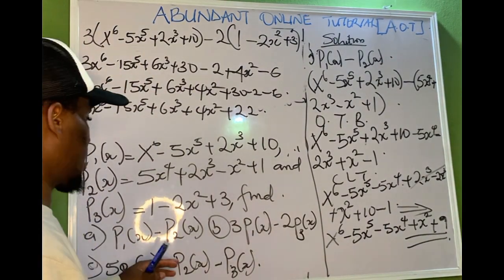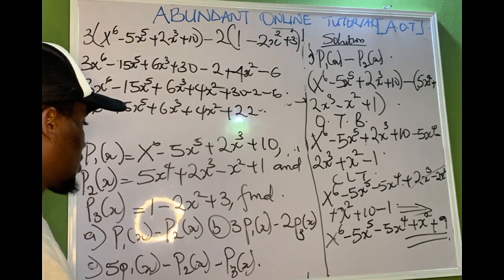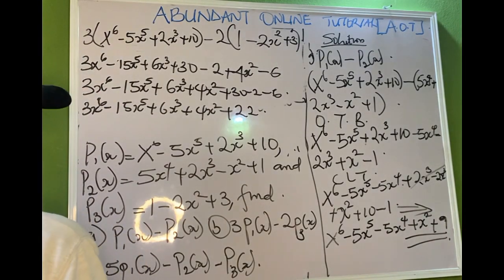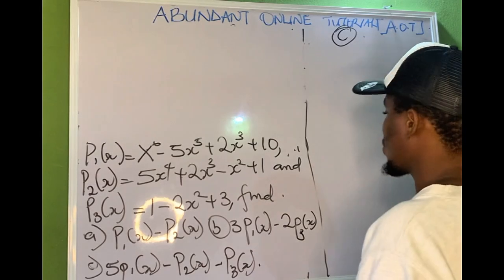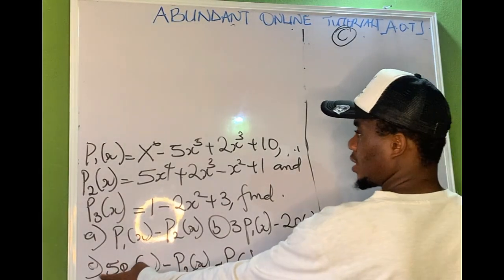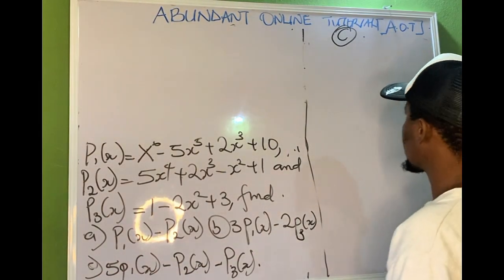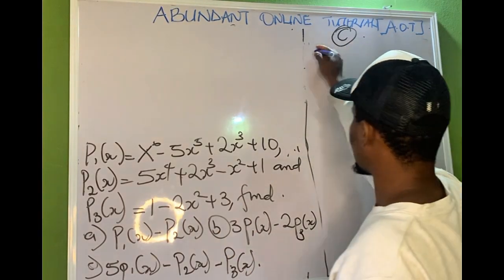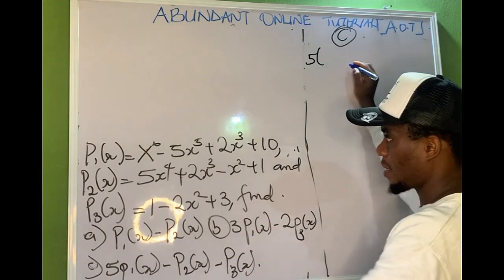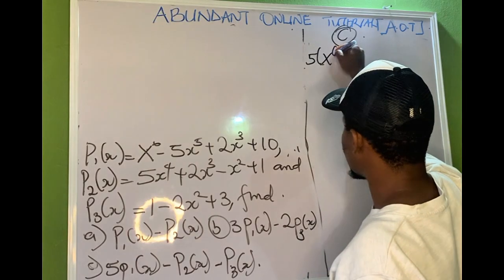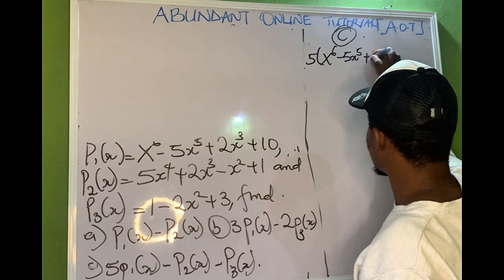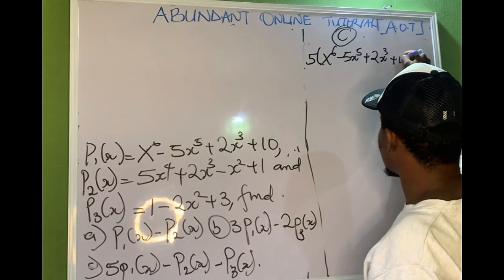So the third one is 5p1 minus p2 minus p3. Let's do this together. To solve C, it says 5p1, so 5 open brackets, my p1 is x^6 minus 5x^5 plus 2x cubed plus 10.